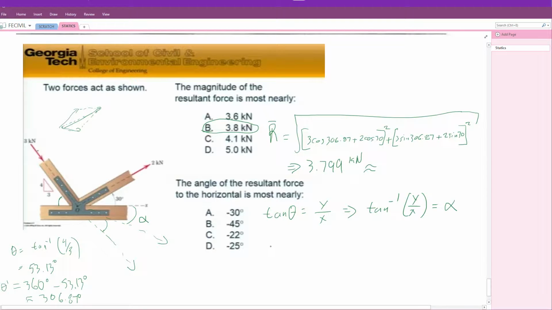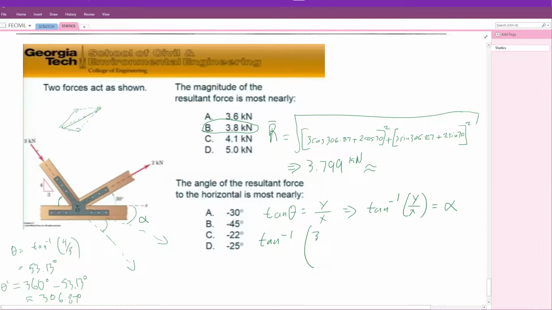Okay, so let's get to it. I'm going to put tan inverse of the y component over the x component. I didn't calculate them, so I'm just going to do it this way.